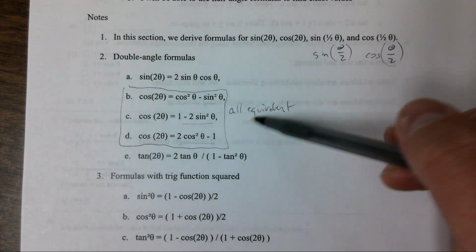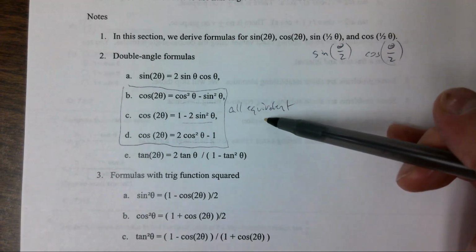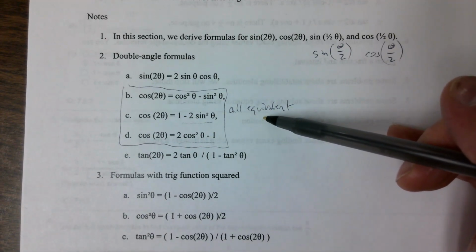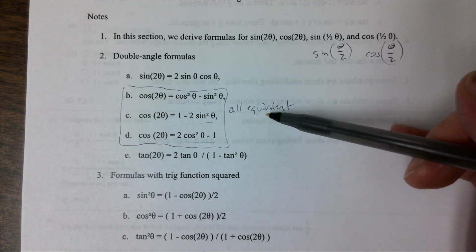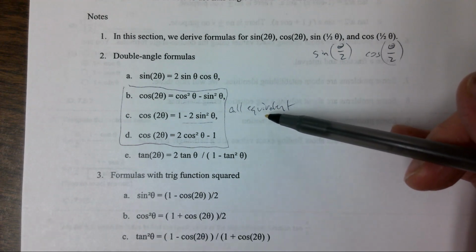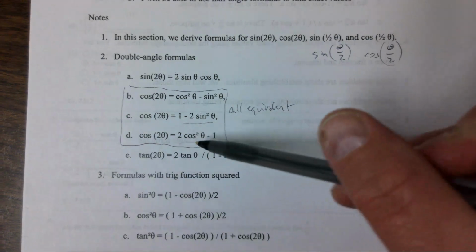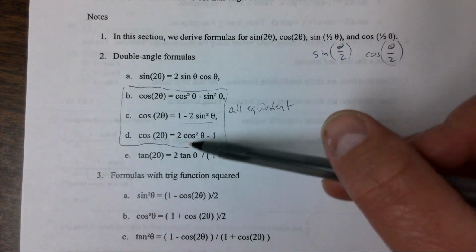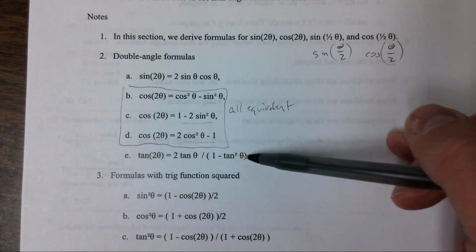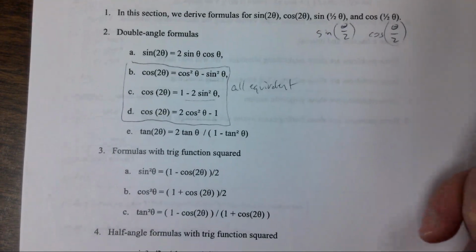But they are all equivalent. I'm not going to show they are; you can look at that online. And then there's also a double angle formula for tangent which looks like this: 2 tan over 1 minus tan squared.